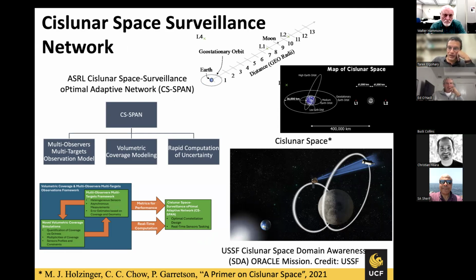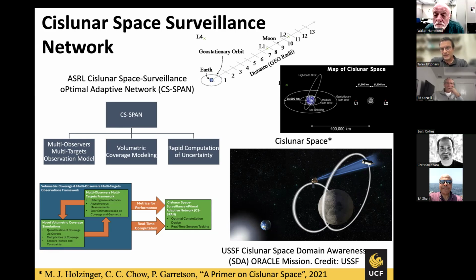If you look at the top right here, you can see that cislunar space is quite large. In terms of scale, from Earth to GEO, the geostationary orbit, that's one. So in distance in georadii, you can see that cislunar space spans a very, very large space beyond what we consider the boundary of Earth orbits, which is the geostationary orbit, or the boundary of the Earth sphere of influence.